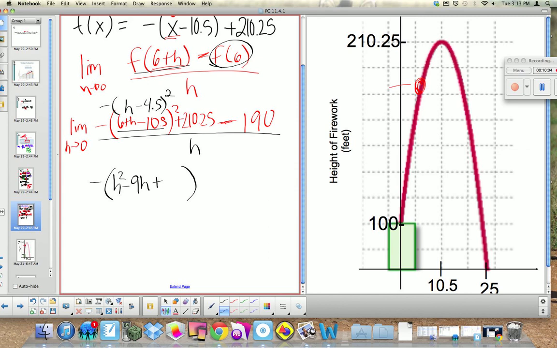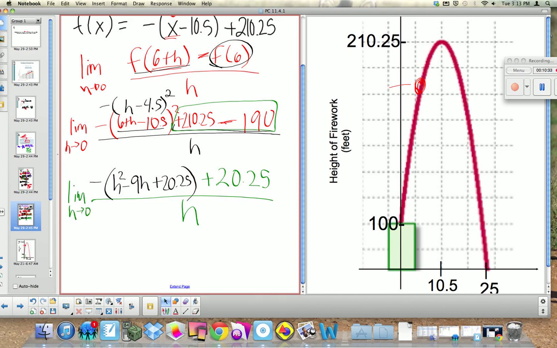So plus 20.25. I still have all of this other stuff here. I'm going to simplify that just to save myself some writing. So 210.25 minus 190, and I get 20.25 positive, all over h. Still taking the limit as h approaches 0.